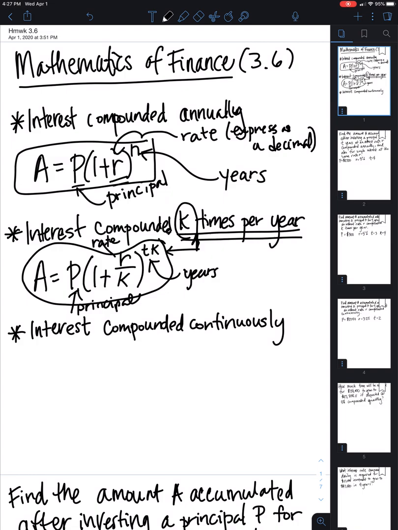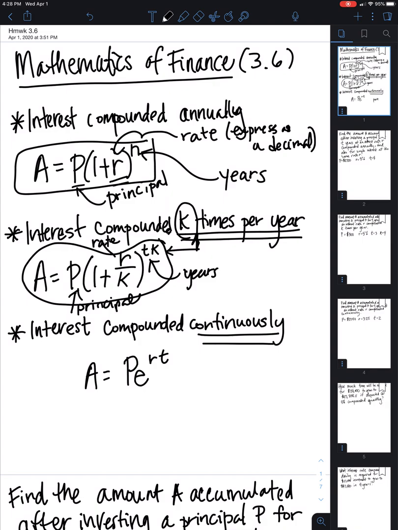Okay, and then the last one we're really going to talk about this chapter, and you've probably heard of this one before if you've done any kind of finance classes, is compounded continuously. Compounded continuously would be A equals P e to the R T. Sometimes we call it PERT, just because it looks like that word.